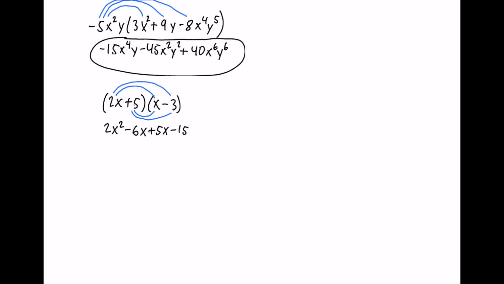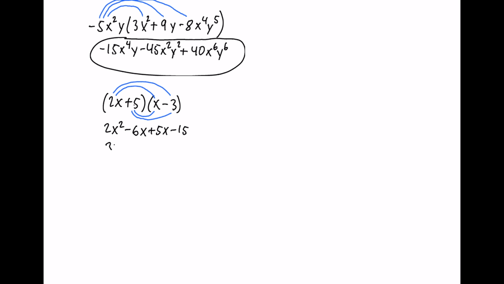Now you can look at these and say, are there any like terms to combine? Well, x here, x here. Remember, they have to be exactly the same. So this is an x squared, not the same as an x. This has no variable, so it's not the same as anything with a variable. Okay? So these two can combine.